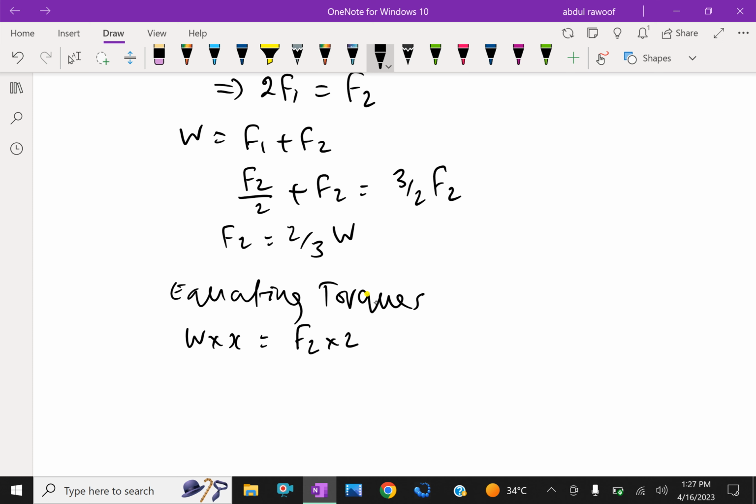Therefore X, the position of the weight, is 2 by 3 into 2, which is equal 1.33 meter. That is the position of the weight hung is 1.33 meter.